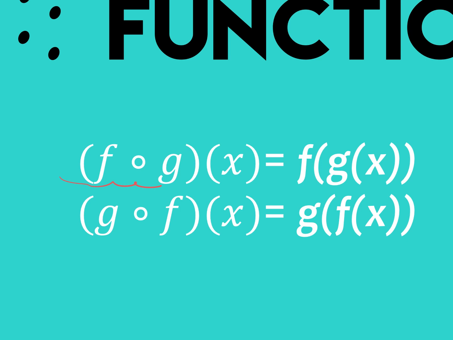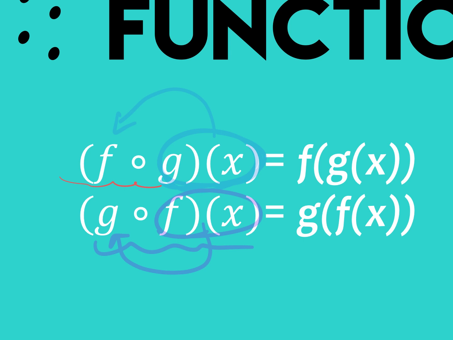So really what we're doing is we're taking this g of x function and plugging it into the f of x function for the x values. And then this one is read as g composed with f. So we take the f of x function and plug it into the g of x function for every place that we see an x.